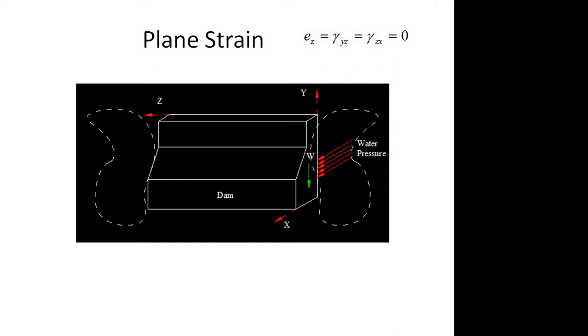This is the assumption. Now we can think about for what type of problems we can consider it as a plane strain condition. A suitable example is shown here, a schematic sketch. Assume we have a dam, right, and the x and y direction is shown here. This is the x direction and this is the y direction, right, and this is the z direction.